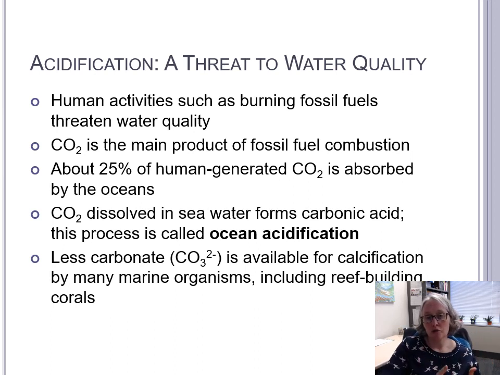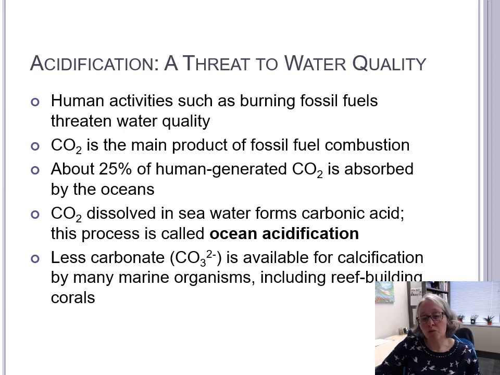Things that you do that burn fossil fuels, so think flying in airplanes, driving a car, turning on the lights, things where we're burning natural gas or coal, threaten water quality. When you burn fossil fuels, this releases carbon dioxide. Carbon dioxide, as we saw on that previous slide, can combine with water to make an acid.